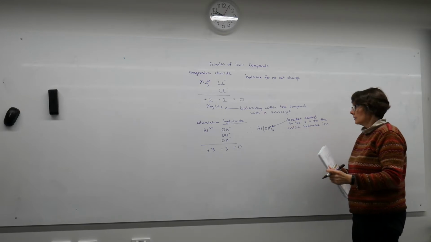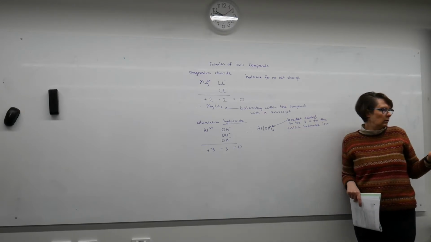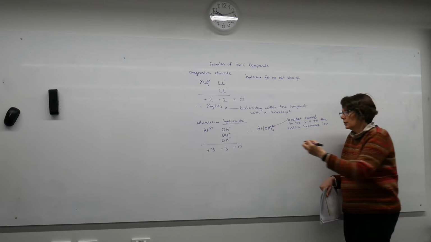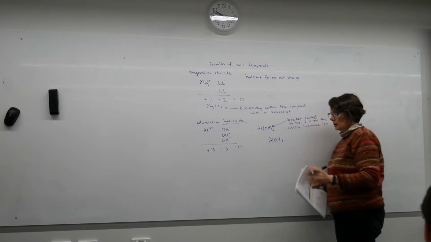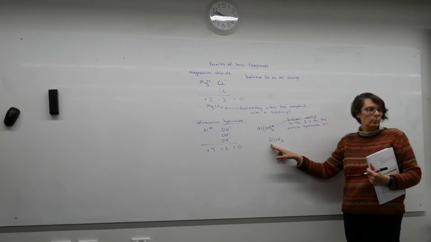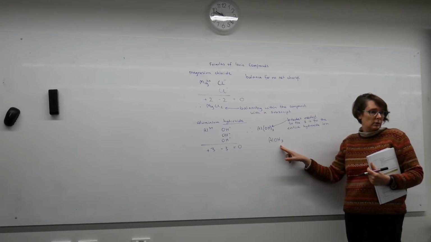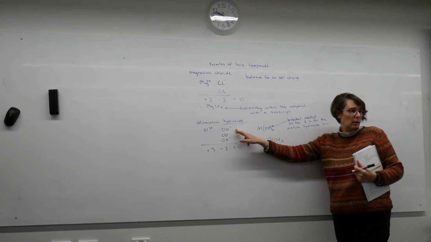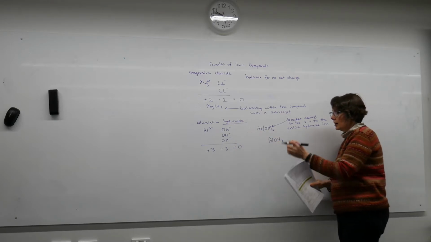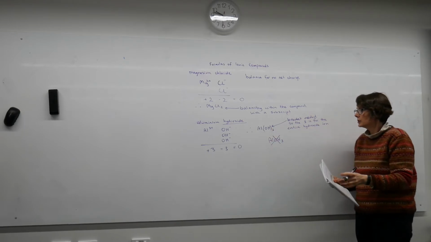Okay. If I don't put the bracket there, the 3 would mean 3 lots of hydrogen. Okay, so AlOH3 would say that I've got 1 aluminium, 1 oxygen, and 3 hydrogens, which is wrong, because I said I needed 3 of them. So this can't be right. I have to have the bracket around the complex ion.